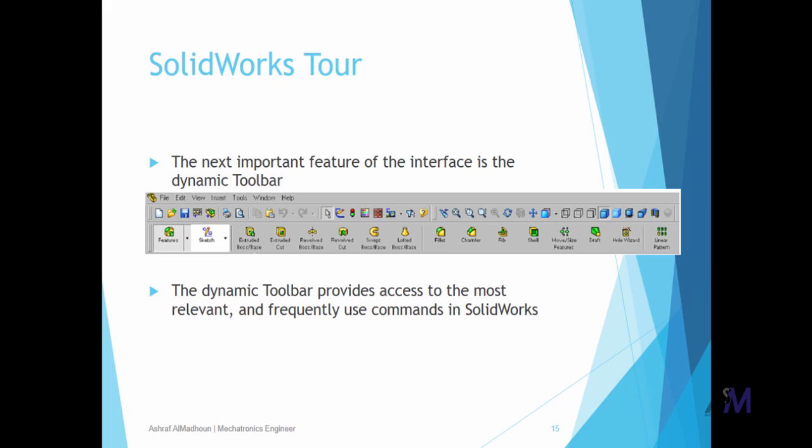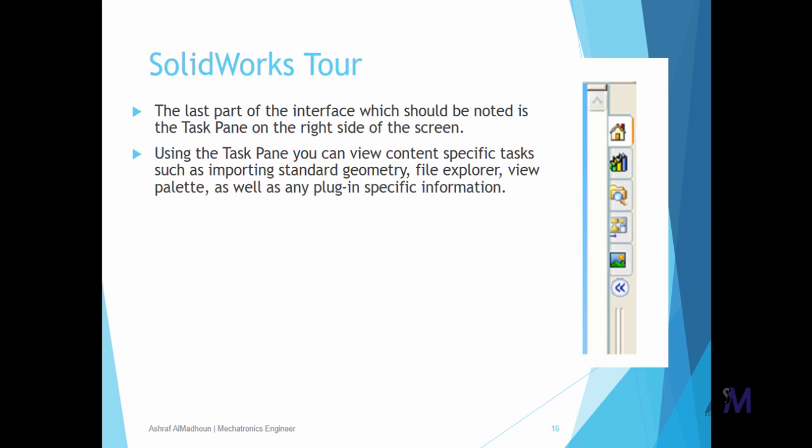It will make your work a much easier job, and it will help you get things done fast and efficiently. The last part of the interface, which should be noted, is the task pane on the right side of the screen. So on the right side of the screen, you will see a task pane.